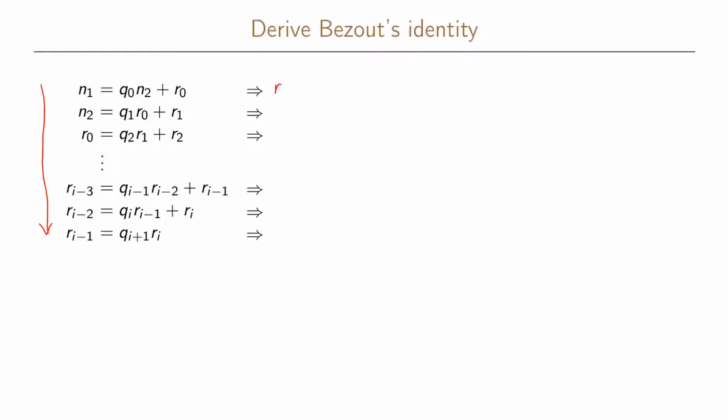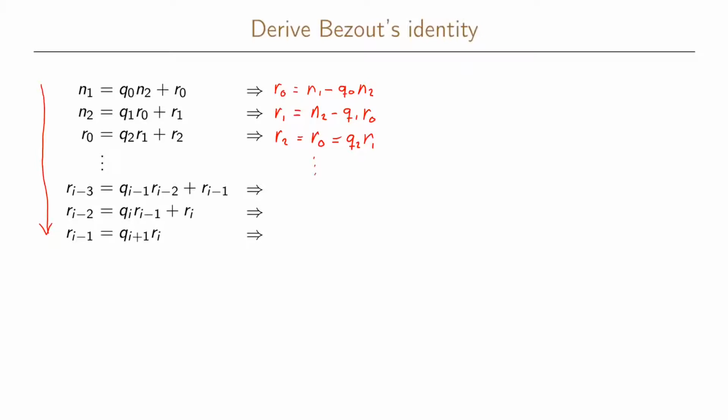The first step we can rewrite as r0 equals n1 minus q0 n2. In the next row we can rewrite this as r1 equals n2 minus q1 r0. Then we can rewrite this one as r2 equals r0 minus q2 r1.